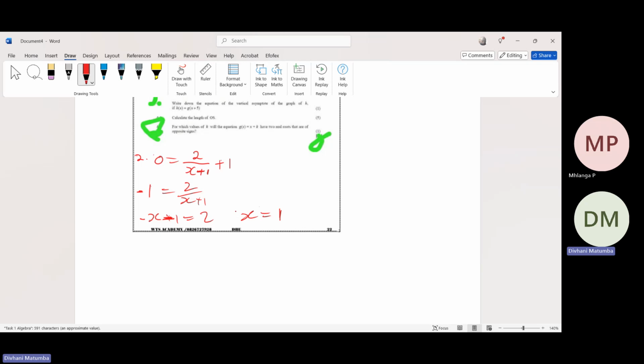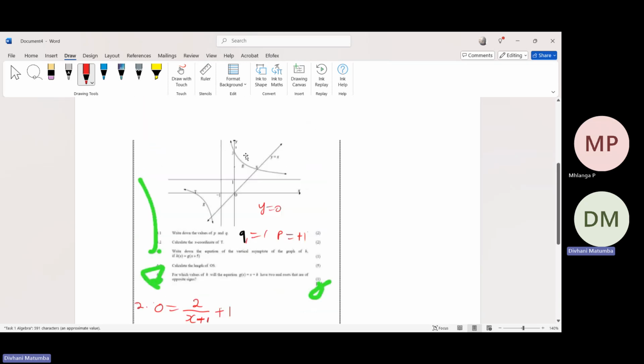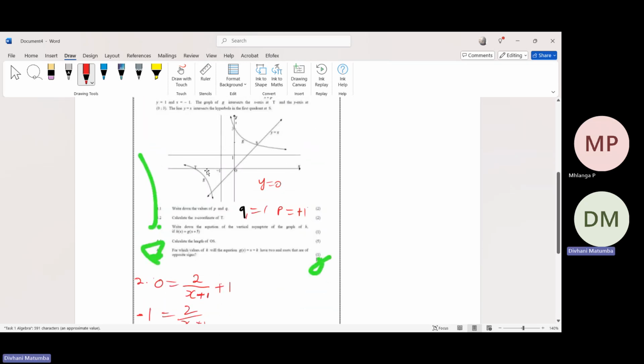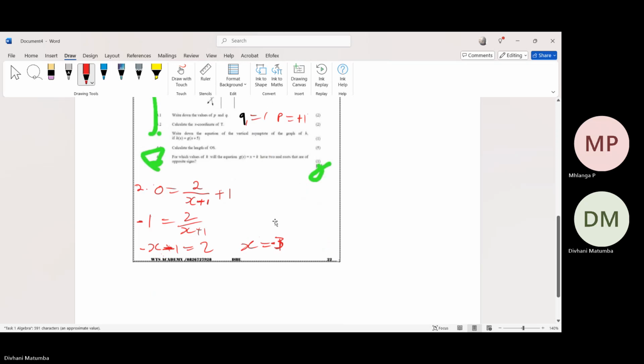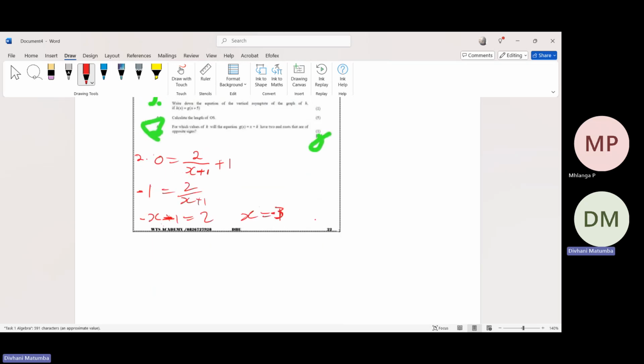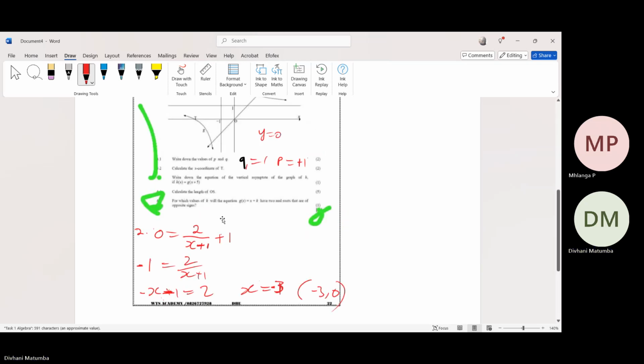If we take x to the other side, we will be left with minus 1 minus 2, which is minus 3. If we check graphically, it does make sense. So the point T will be minus 3, 0.